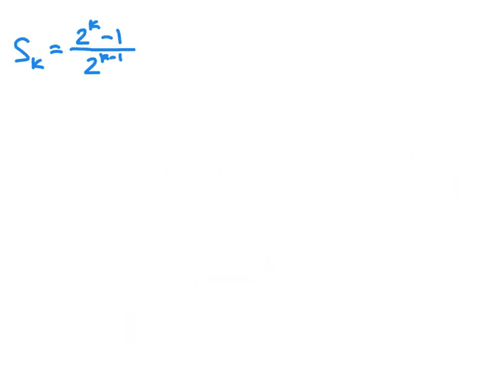In order to compute the limit of this sequence of partial sums, we can first rewrite the term of our sequence a little bit. Here we have a quotient of a difference over a single term, and so we can write this as the difference of the quotients. So 2 to the k over 2 to the k minus 1, minus 1 over 2 to the k minus 1. So we can break up this across the subtraction in the numerator.